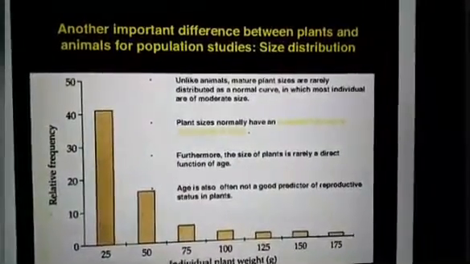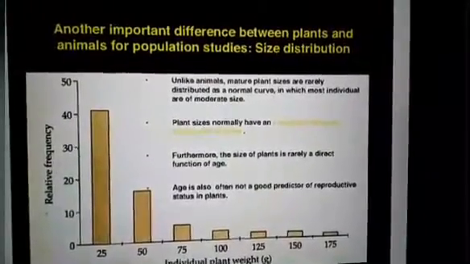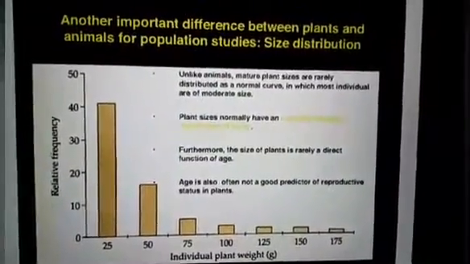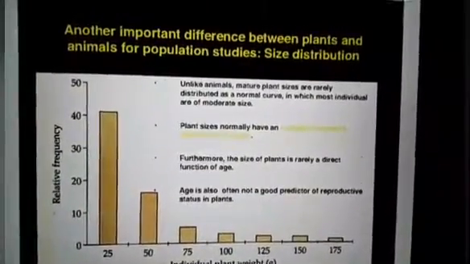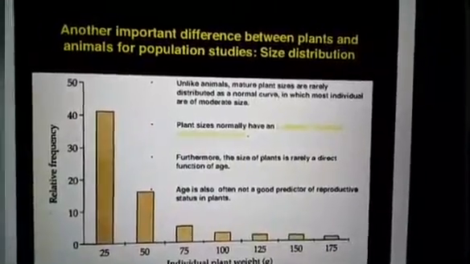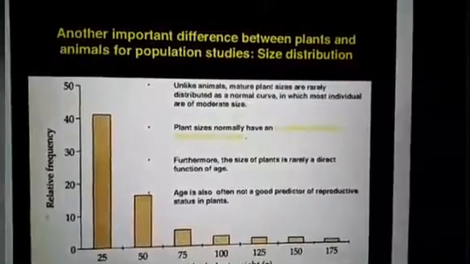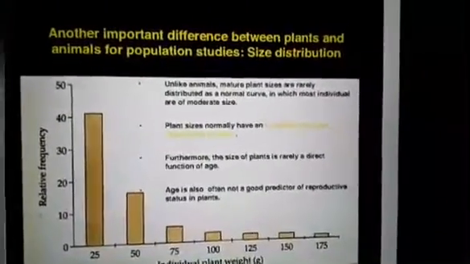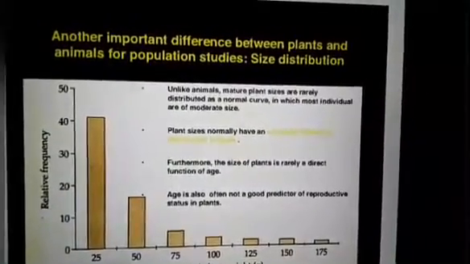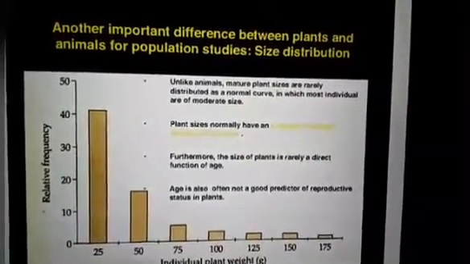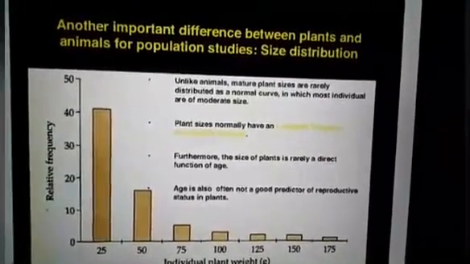Furthermore, the size of plants is rarely a direct function of age. You might find a plant being very short but 10 years old, and then you might find a plant being very tall but only 5 years old. So size does not determine age, but with humans, sometimes it might be easy.